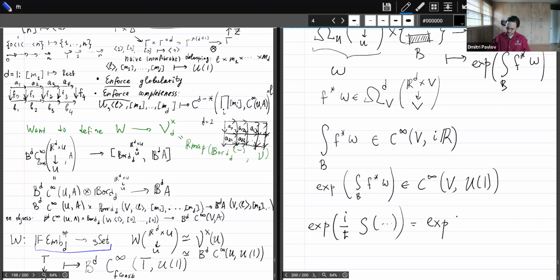Typically S, the action functional, will be the integral over your space-time or world volume, which is a Bordism, B. And here you will integrate some Lagrangian density L, which is a differential form of the top degree, like omega. So basically, you see now exactly the same expression as in physics.